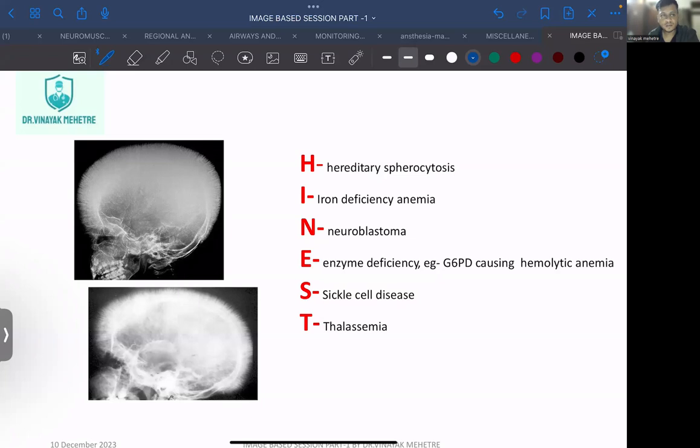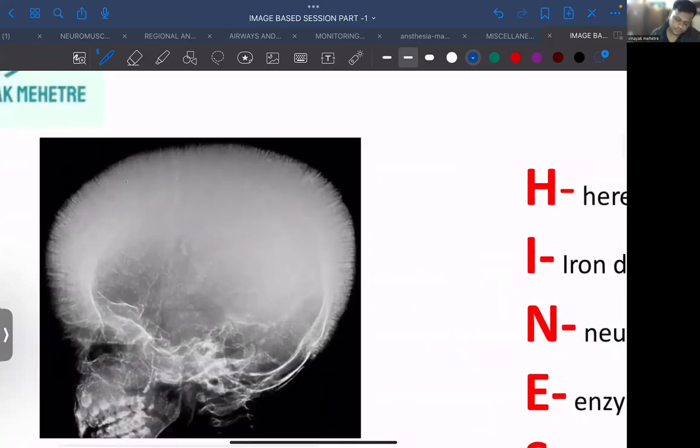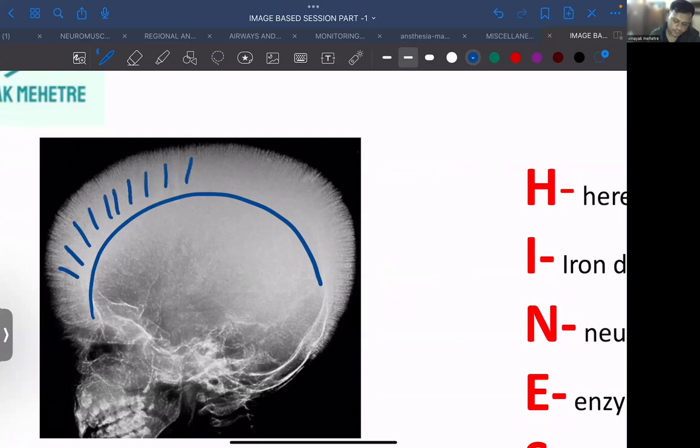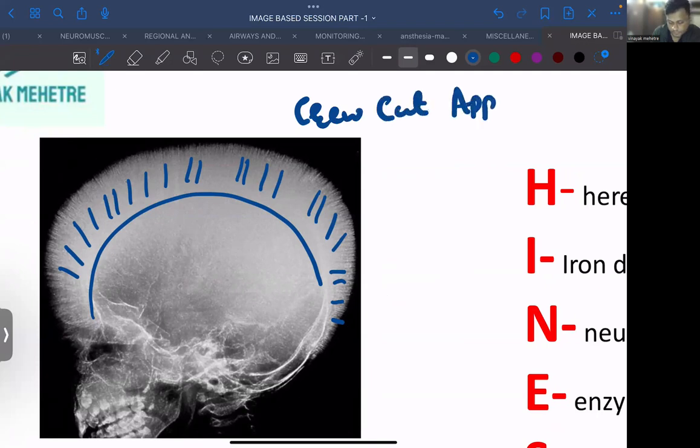In these places crew cut appearance of the skull will be seen. What is crew cut? Short hair, like military hair. That is called crew cut appearance.